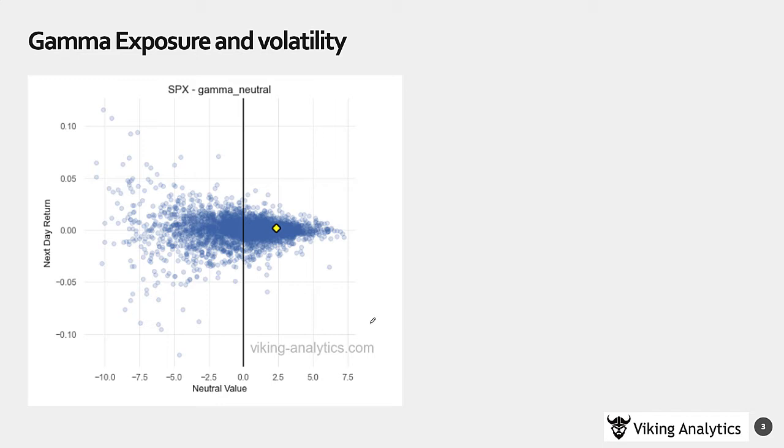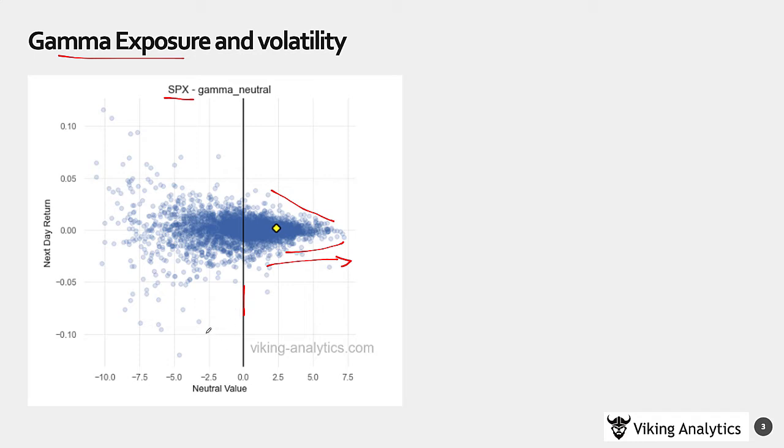One of the most basic things to know about gamma exposure is that as the price value of the SPX rises above the gamma neutral level, which is shown by this middle line, you can see how the volatility decreases. This is the next day return shown on the y-axis.